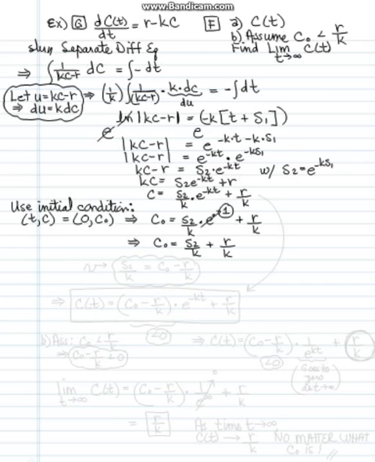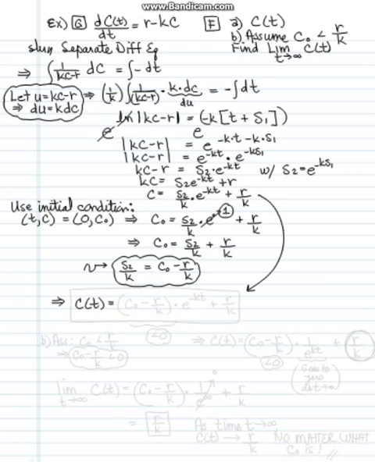And if we move things around, we can isolate S sub 2 over K, which is equal to the concentration at time 0 minus R over K.